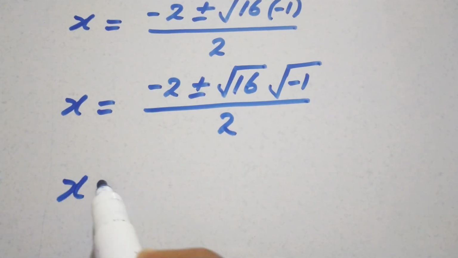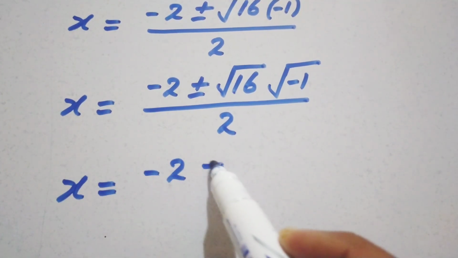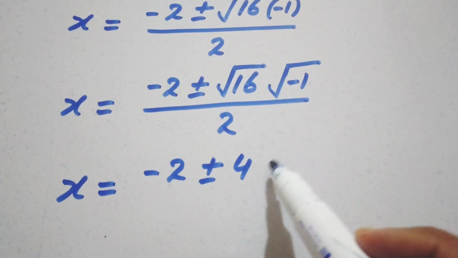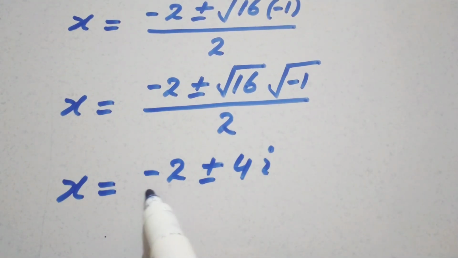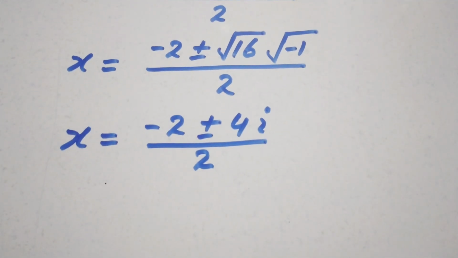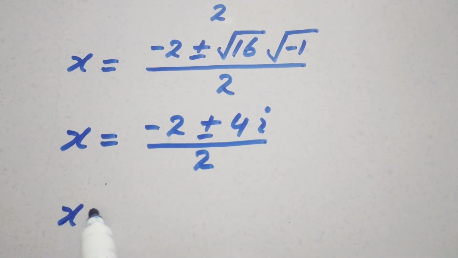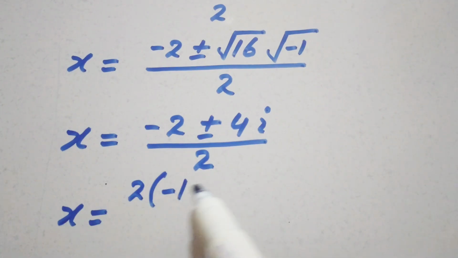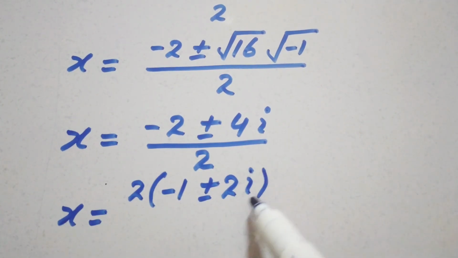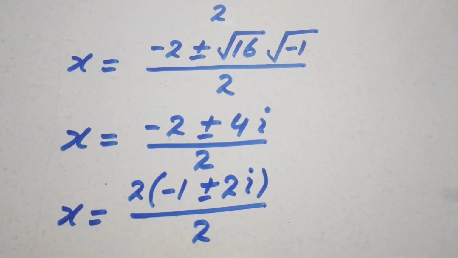Now x is equal to minus 2 plus minus square root of 16, which gives us 4, and square root of minus 1 is equal to iota, divided by 2. Now by taking 2 common from the numerator, inside minus 1 plus minus 2 multiplied by 2 gives us 4i, divided by 2.